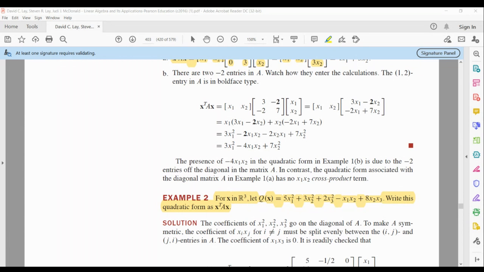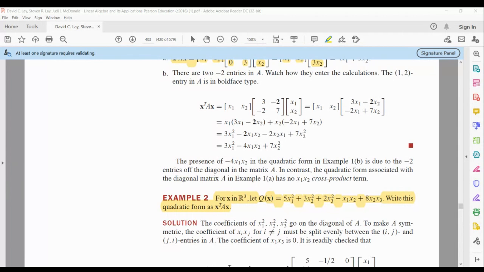How many cross product terms would have to be present in this quadratic form? Well, how many do you see for Q of X? Eleni, you see 2, but I think we know there are 3, and that's right, Abby.